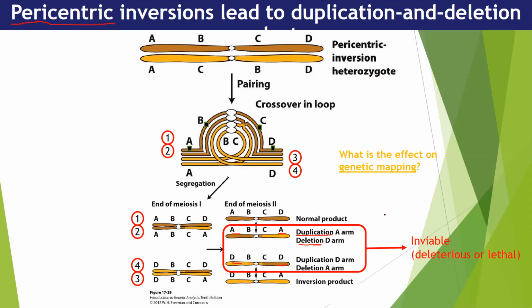Okay, so we also mentioned that because of this inversion, some gametes involving the recombinants cannot survive. So if you use this model to do genetic mapping to analyze the distance between B and C or A and D, this will cause a problem, right?